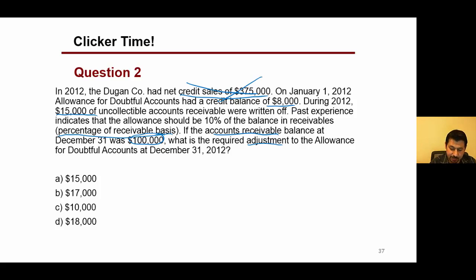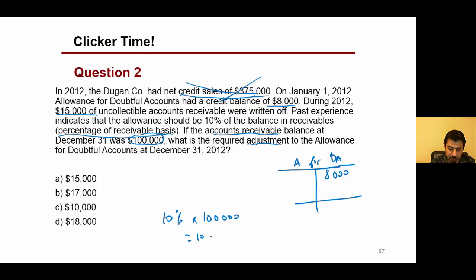We know that the ending balance, again, let's use the T account, allowance for doubtful accounts. It had a beginning balance of 8,000. The ending balance will have to be 10% multiplied by 100,000, which is the accounts receivable balance, and this is 10,000.